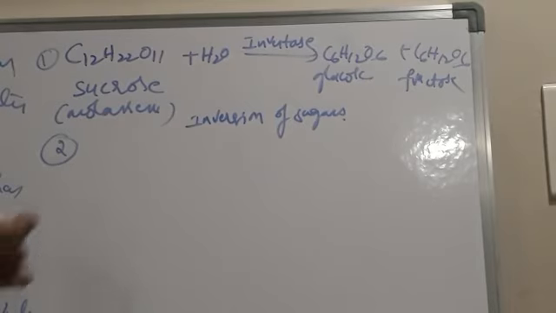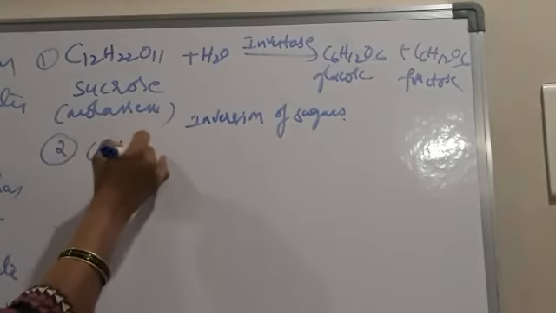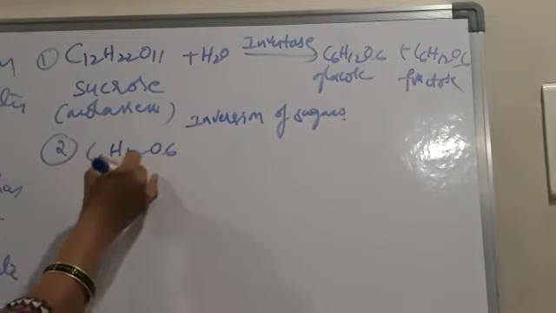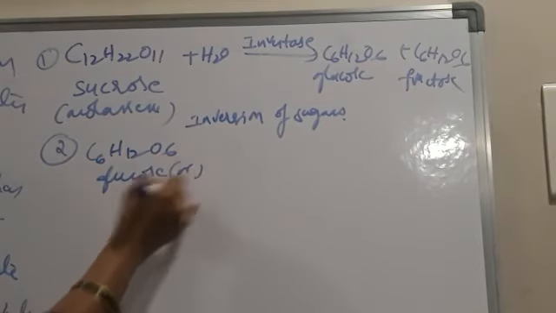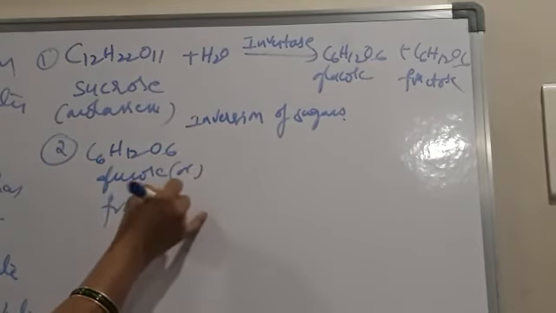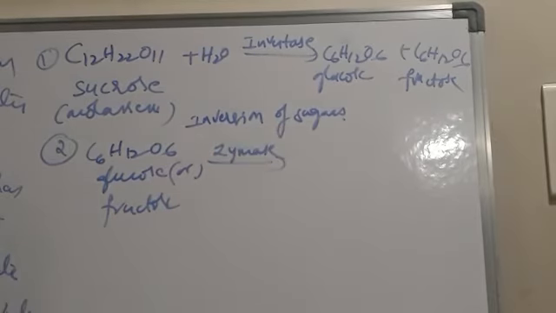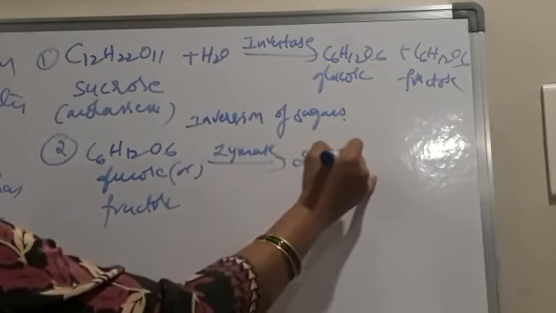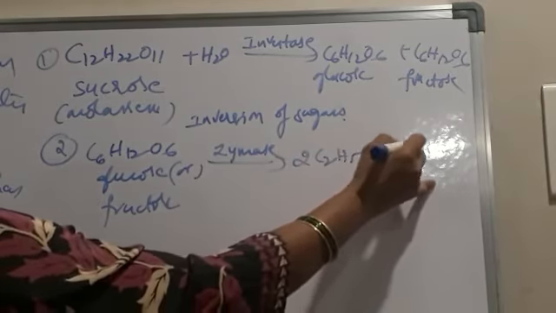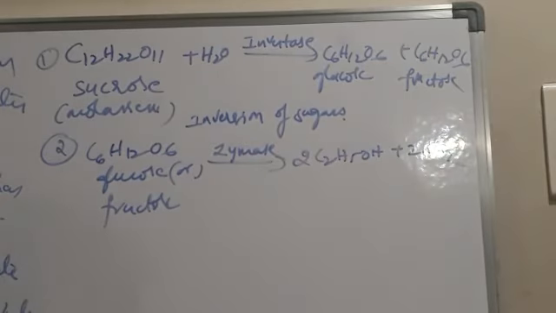That's why glucose or fructose in the presence of zymase enzyme gives ethyl alcohol along with CO2.